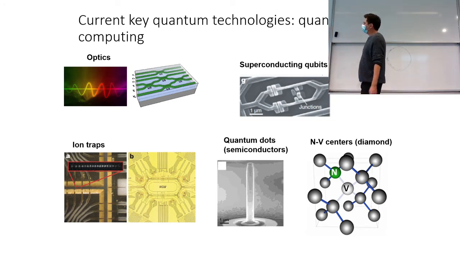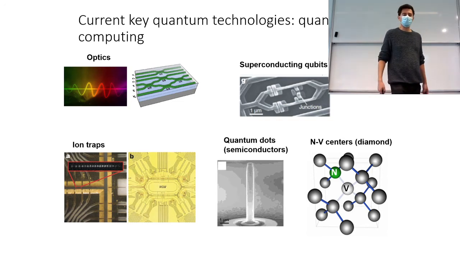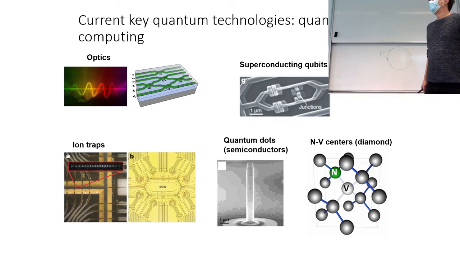or so-called ion traps. So ions, of course, they're just charged atoms, and once you charge them, you can kind of fix them in space. A neutral atom, you can also do it with neutral atoms, but there's a good way of trapping single ions so that they're kind of levitating in air.